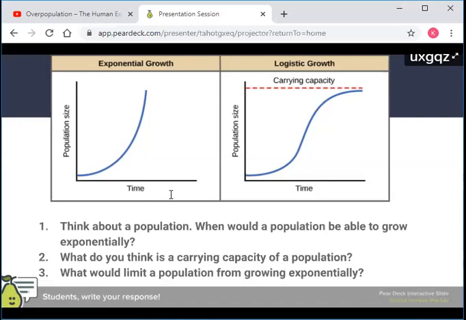A lot of times populations will overshoot the carrying capacity at first and then come back down, because they can't support more than what the environment can support. What would limit a population from growing exponentially is kind of the same things that allow it to grow exponentially.